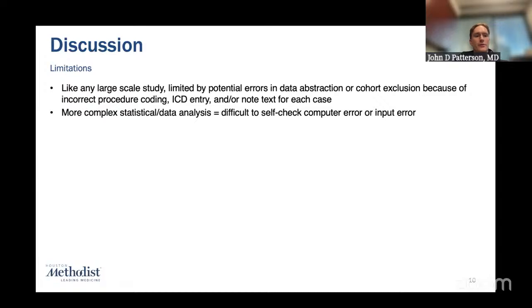There are always limitations, though: potential errors in data abstraction, cohort exclusion. One of the reasons the balanced random forest can be good is that it helps eliminate a little bit of these limitations.